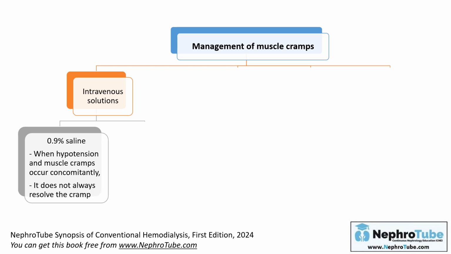That's why, as it doesn't always resolve the cramps, hypertonic solutions, especially hypertonic glucose, are the treatment of choice, because hypertonic solutions will correct the hypoosmolarity.